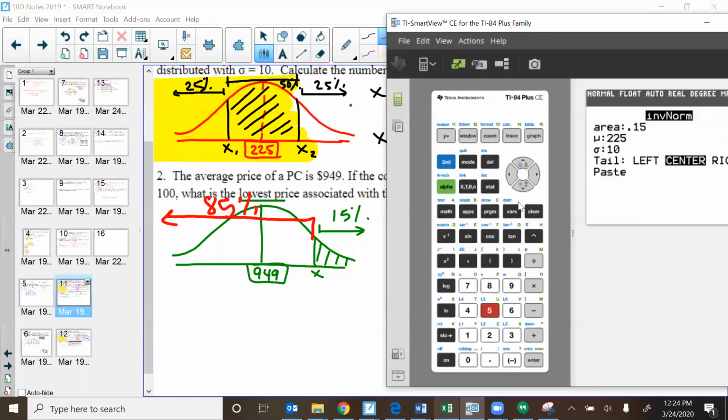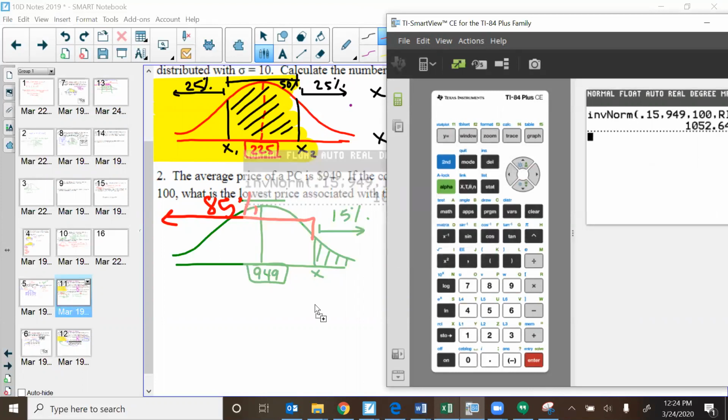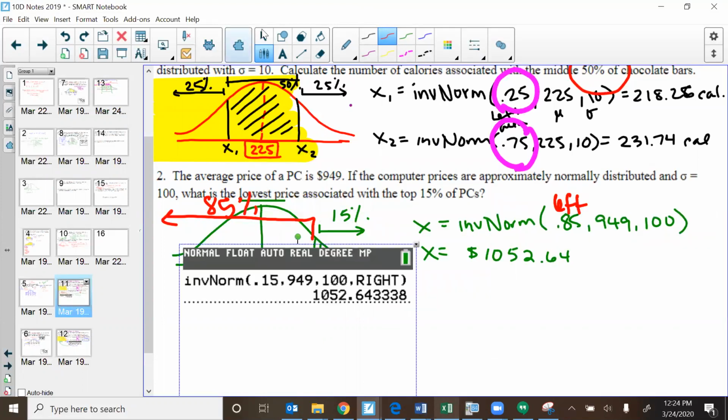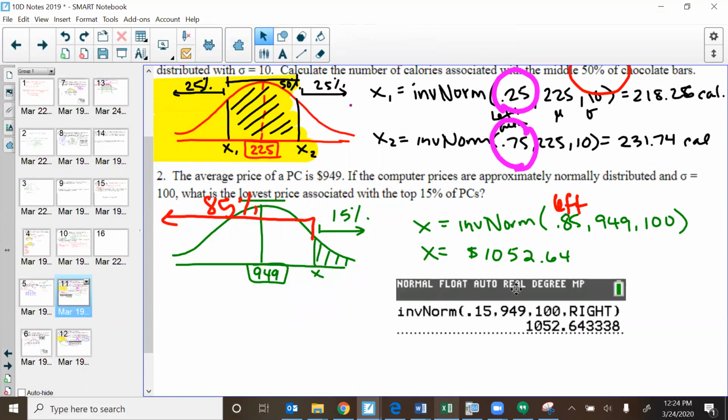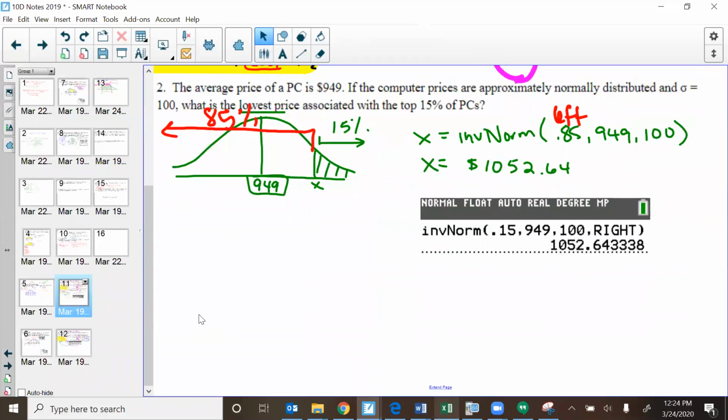The mean was 949, and the standard deviation was 100. And so now I just want my tail to be to the right, which we talked about in yesterday's video. And so that is another way that you could do that. Instead of using the left, you could use the right. And look, you still end up with the same thing, but note, this is money, so I am going to round it like dollars and cents.